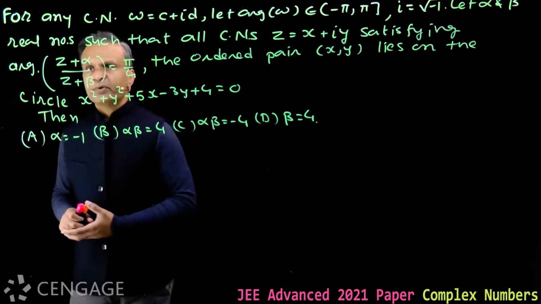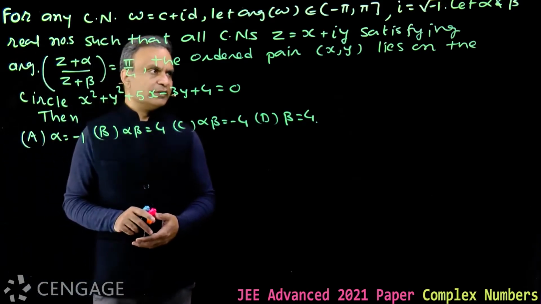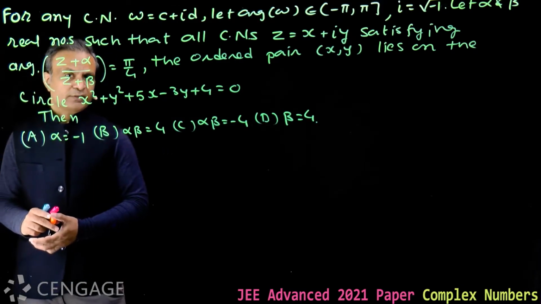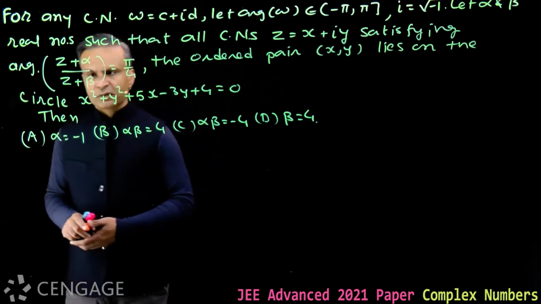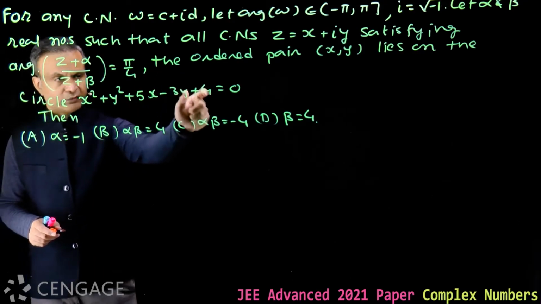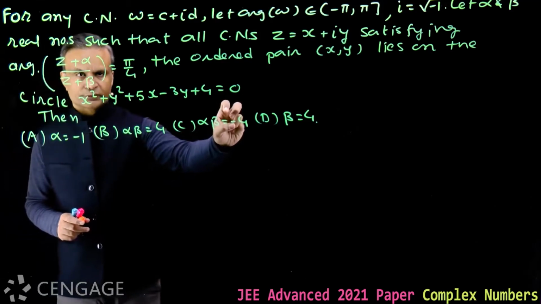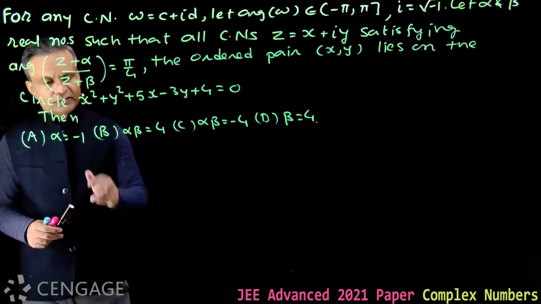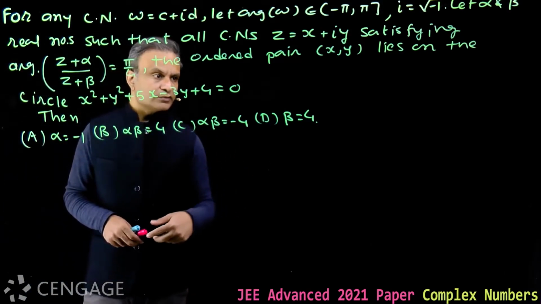Now let alpha and beta be real numbers such that all complex numbers z equal to x plus iota y satisfying argument of (z plus alpha over z plus beta) equal to pi by 4, the ordered pair x, y lies on the circle whose equation is x square plus y square plus 5x minus 3y plus 4 equal to 0. Then we have to check these 4 options. This is a multiple correct answer type question. We have to check all the options: alpha is equal to minus 1, alpha beta is equal to 4, alpha beta is equal to minus 4, and beta is equal to 4.